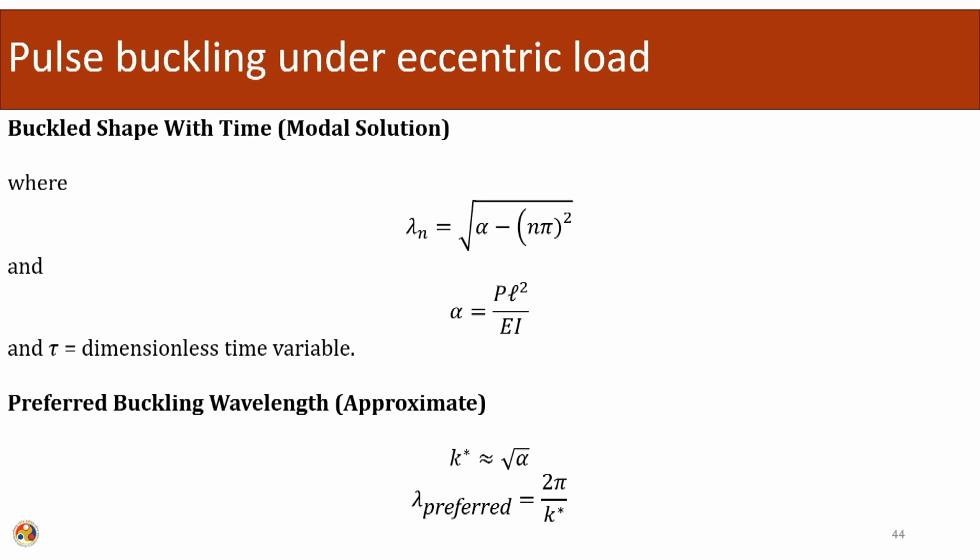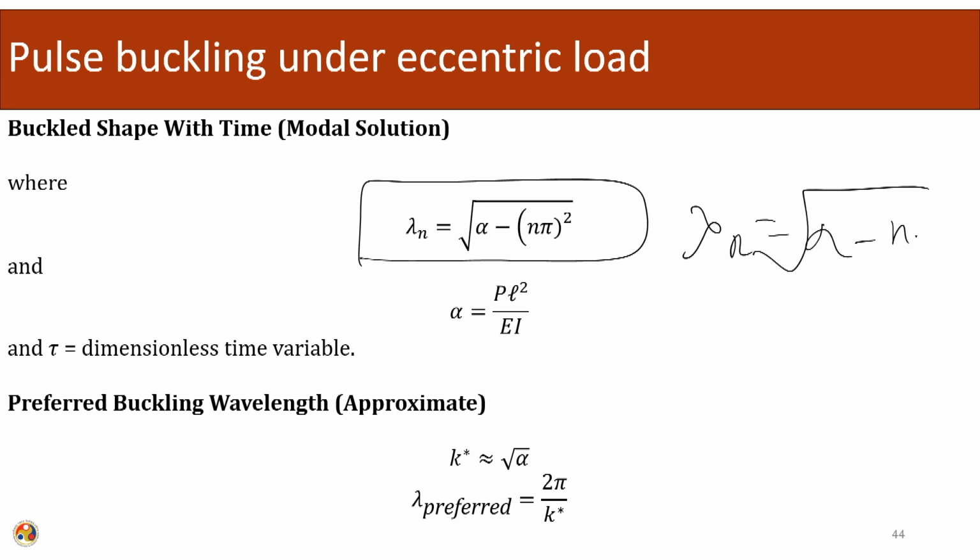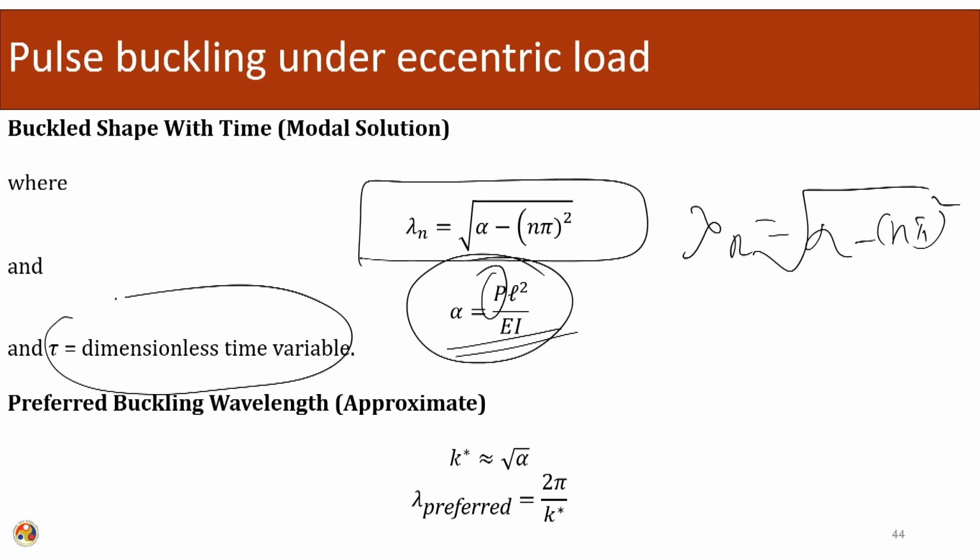So, the buckling shape with the time solutions is given by this term. Lambda n is given by alpha and n pi square, where alpha we have already seen, it is a normalized parameter that deals with the applied loading in the system, and tau is a dimensionless time parameter.